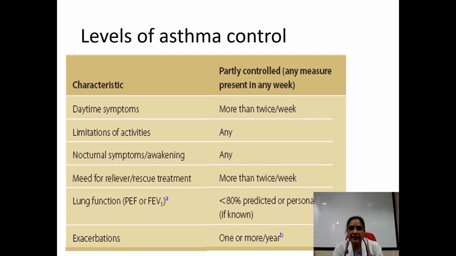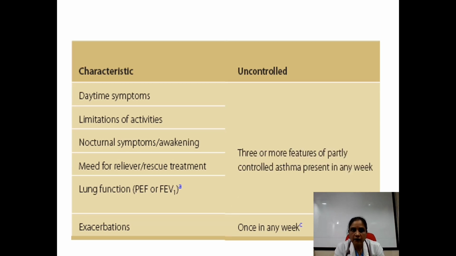When any one of these is present in any week, then it is called partly controlled. And when three or more of these are present, it is called uncontrolled asthma. So we should diagnose our asthma as well-controlled, partly controlled, or uncontrolled on the basis of all these symptoms. I think I am coming to the end of my part 2 presentation.